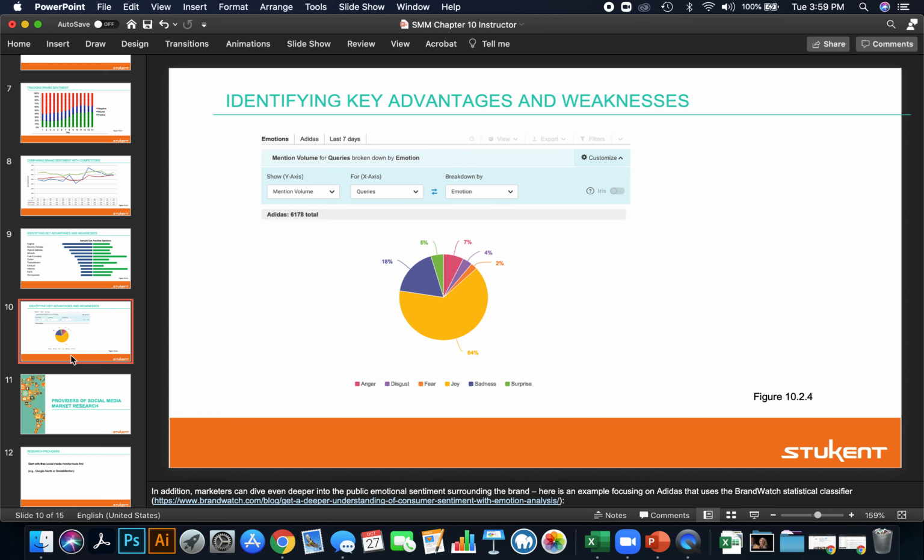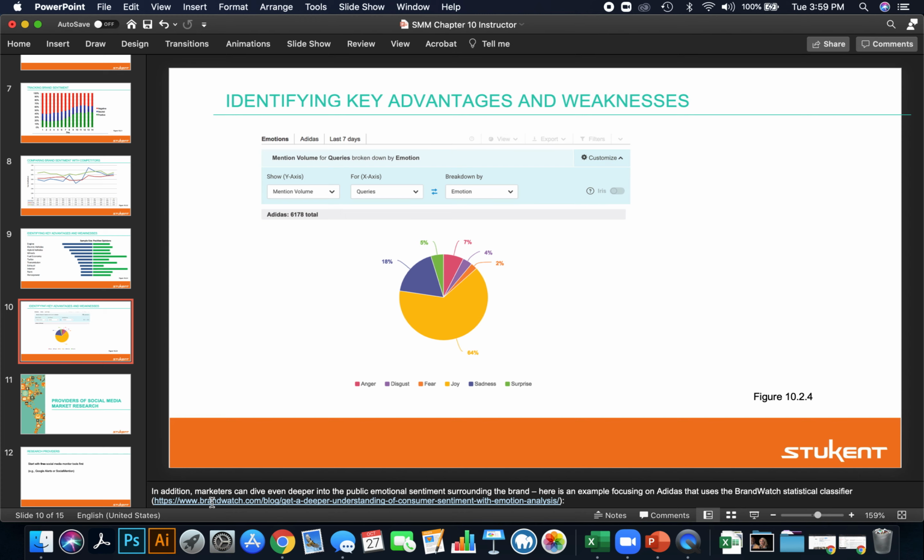So, identifying key advantages and weaknesses. We can dig pretty deep into emotional sentiment around the brand. Here's an example of Adidas that uses a Brandwatch statistical classifier. If you want to learn more about it, take a look at it.